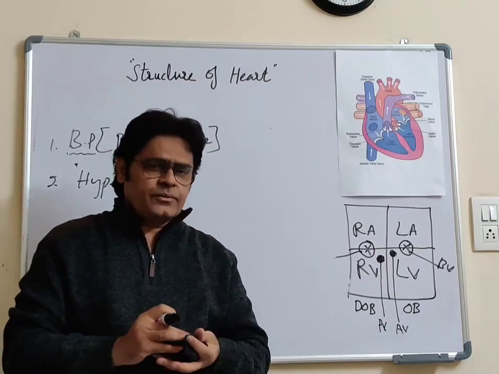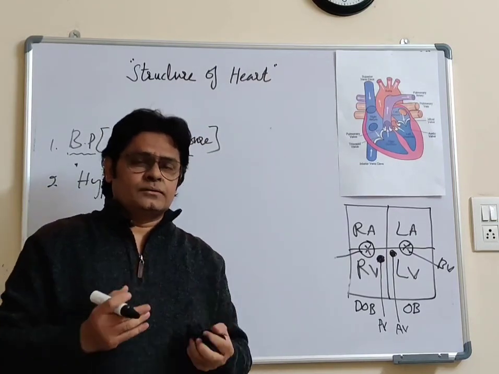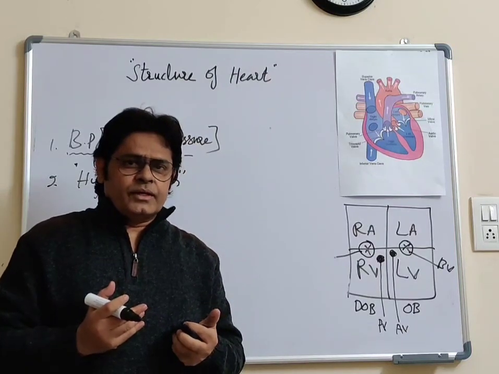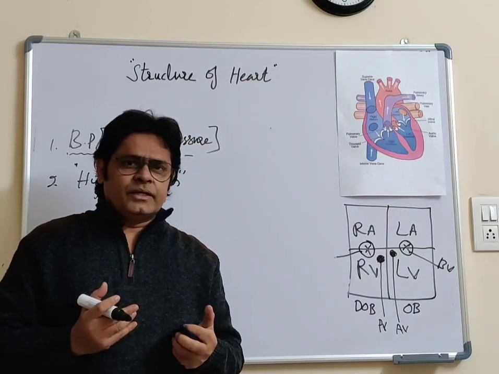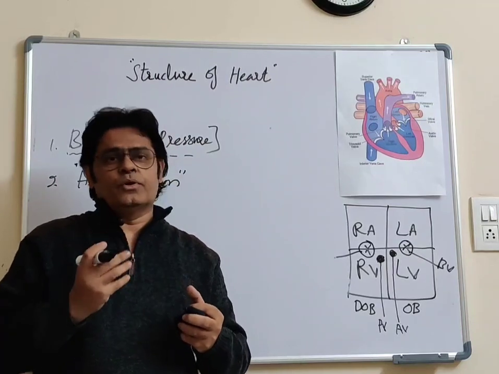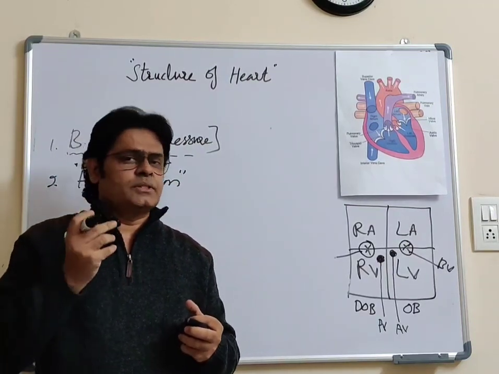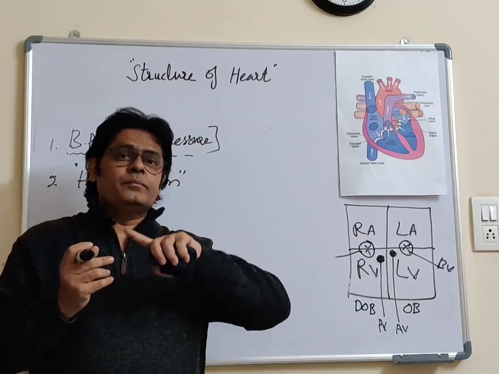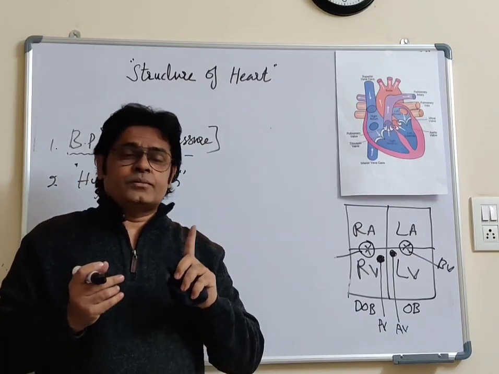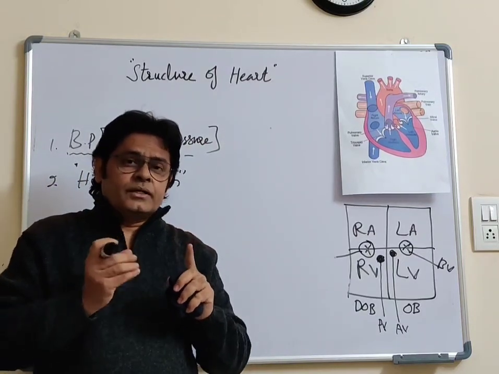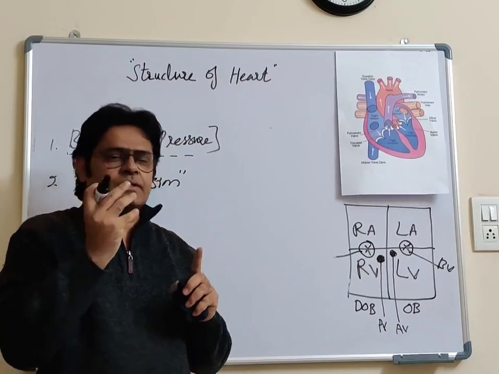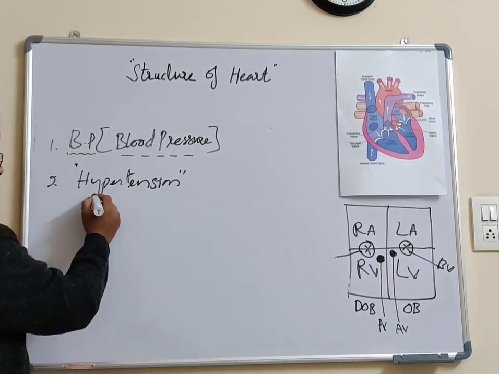How is it caused? If we eat more salt, chili, and heavy amounts of oily things, it gives strokes in the body, so the blood pressure automatically becomes high. Extra chili and extra salt raise the blood pressure. Clear? That is called hypertension.